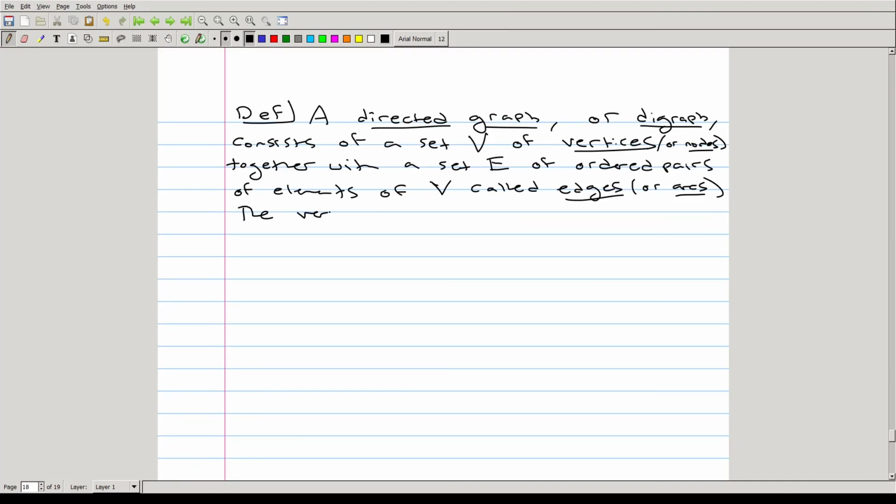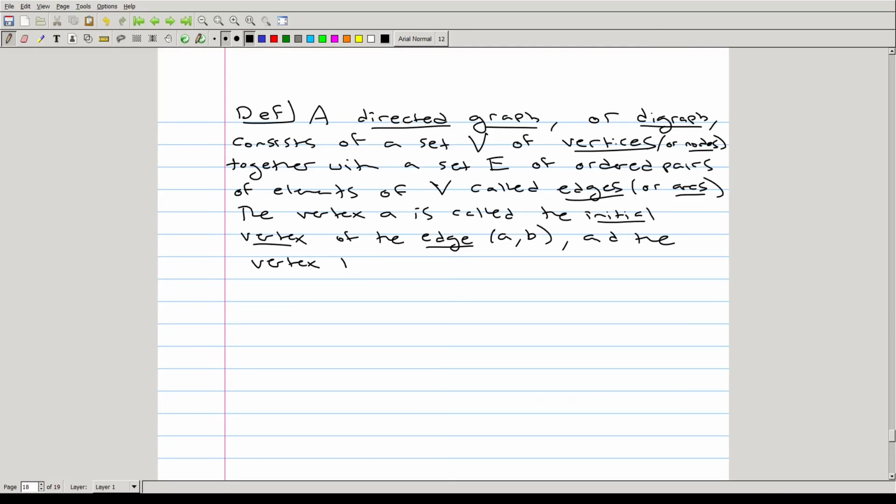The vertex A is called the initial vertex of the edge AB, and the vertex B is called the terminal vertex.